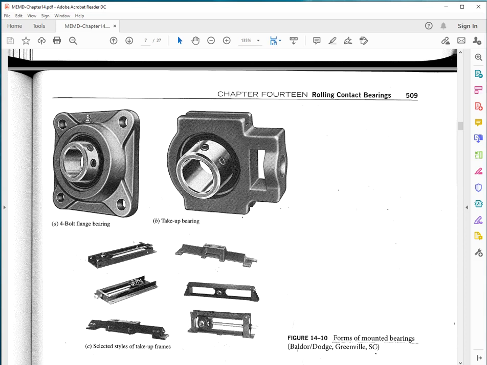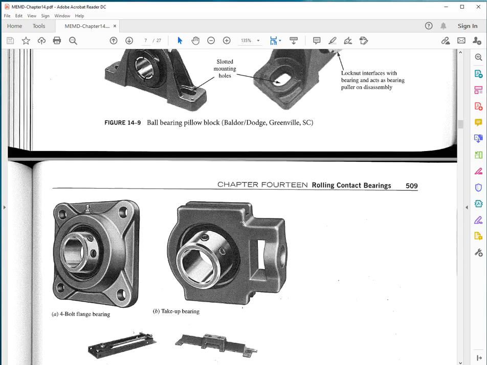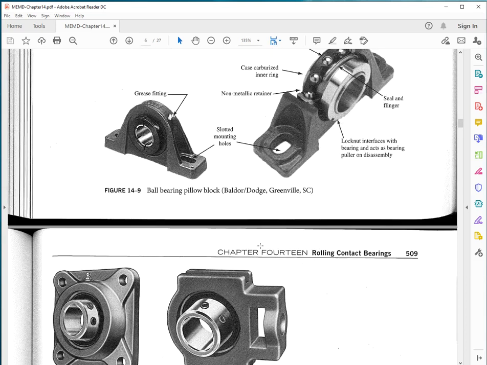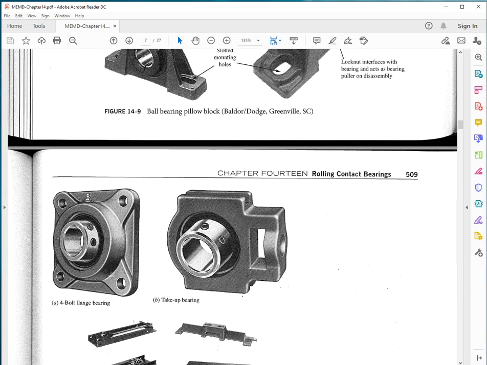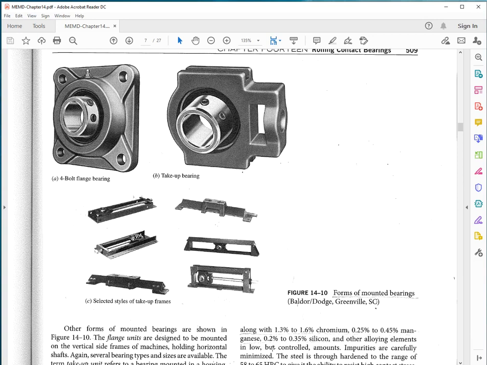So you see the set screws that I mentioned, not visible here. There are possibly other means, like I'm looking here, it looks like there is a split bushing, and you can tighten it, you can clamp the shaft to it. Here you can use set screws to secure the shaft with the inner race. Okay.